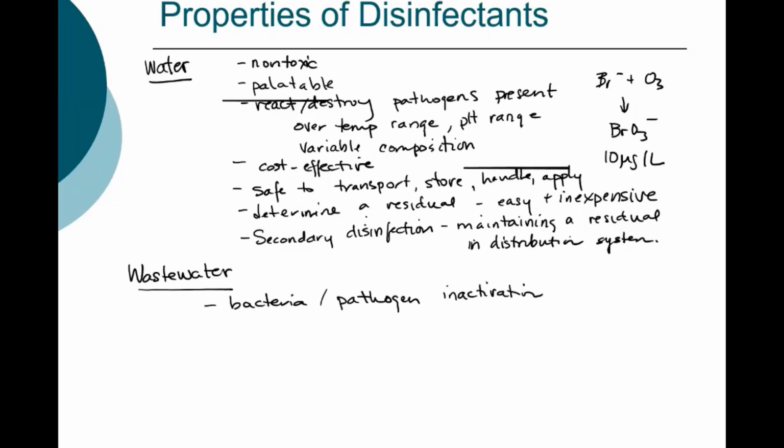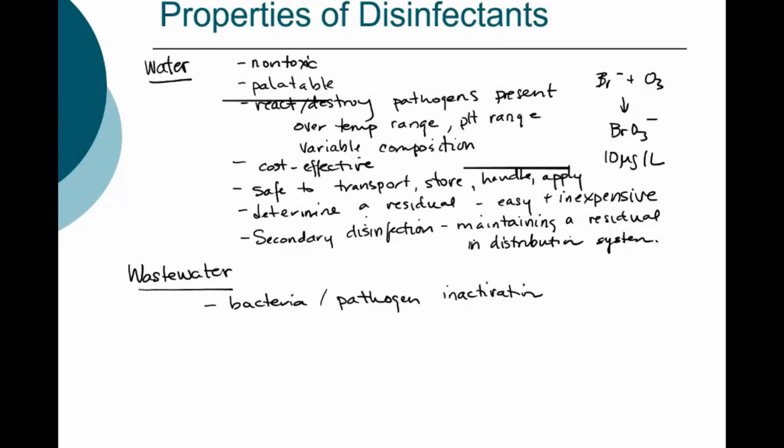Why did we worry about and why did we design a dechlorination basin? Those of you in 480, Lab 2 was all about determining the kinetics and designing a dechlorination basin.